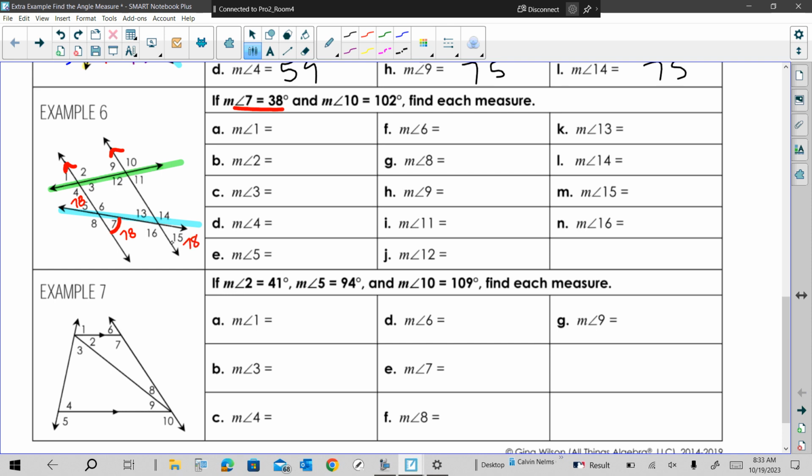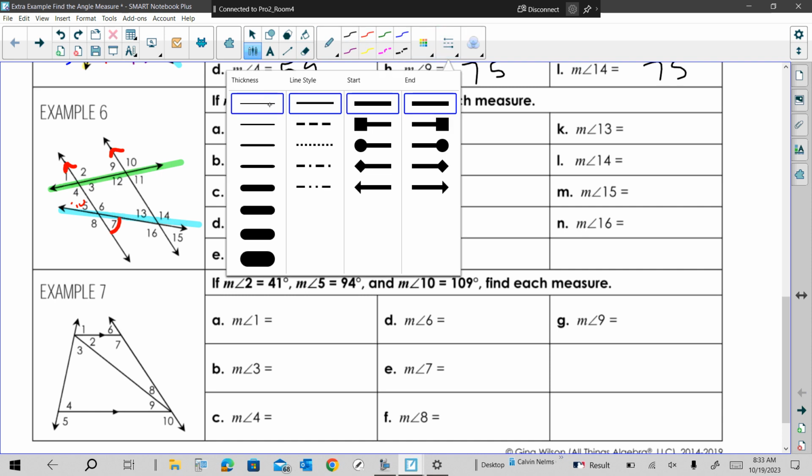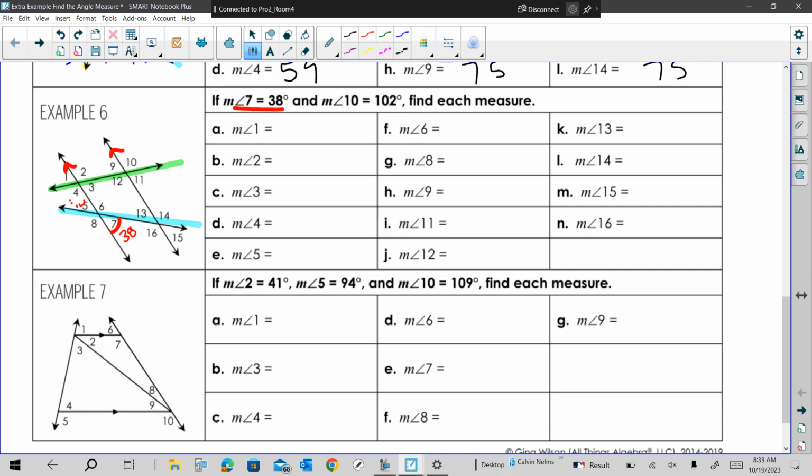And what other angle? 38. Oh, I'm sorry, 38. My bad. Okay, so we had 5, 15. What was the other one? Angle what? 13. Yes, 13.